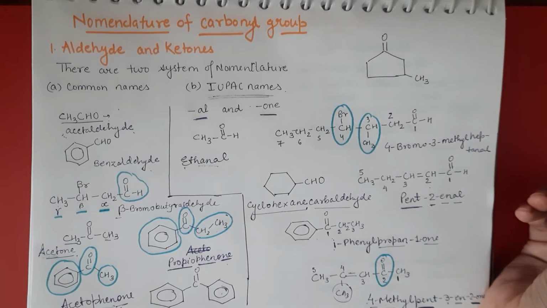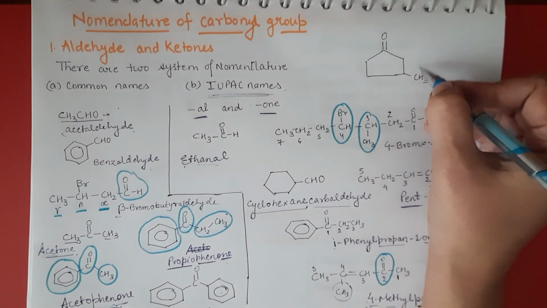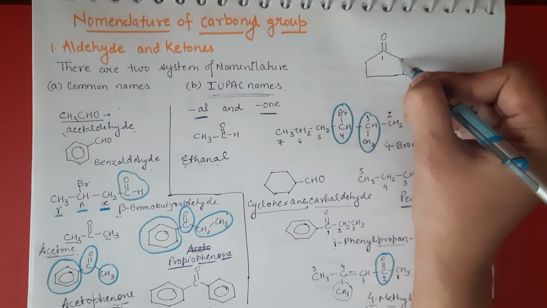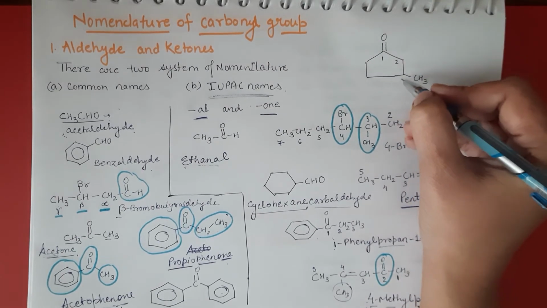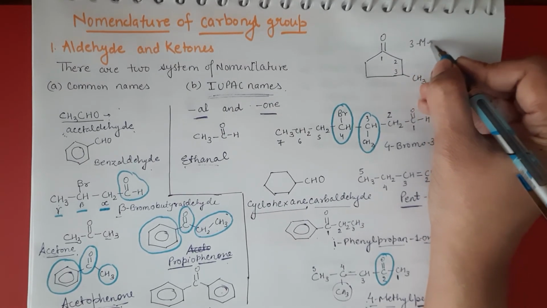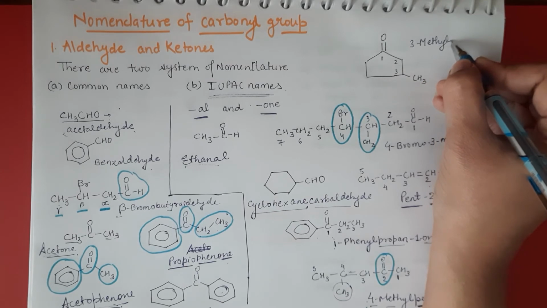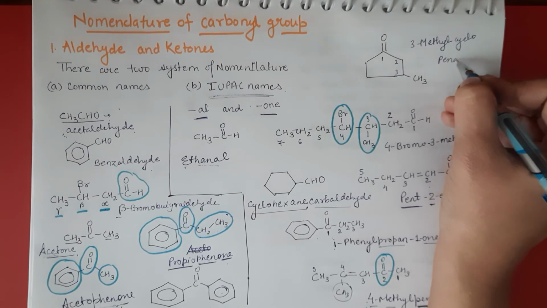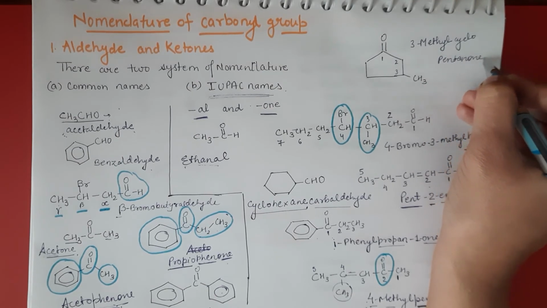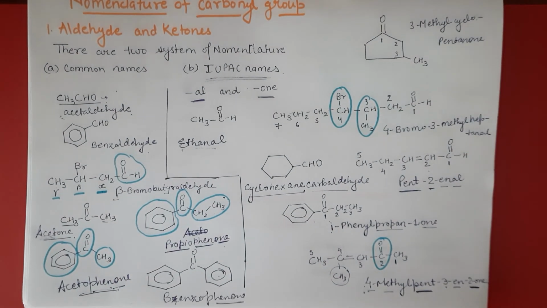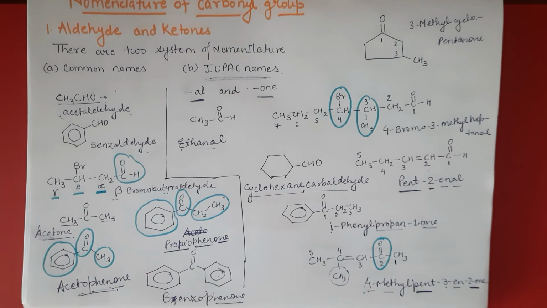Okay, heptanal. And for this, we should start the numbering from this carbon, 1, 2 and 3. Okay, so the name will be 3-methyl cyclopentanone.